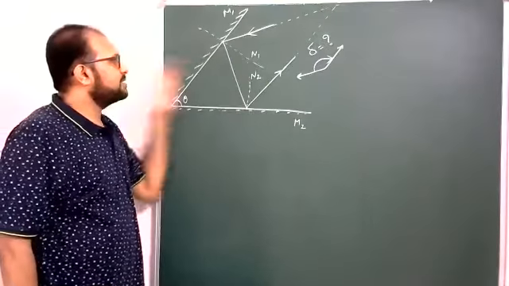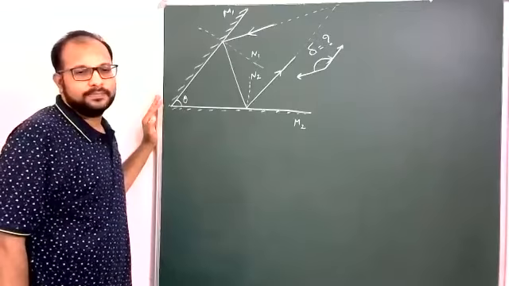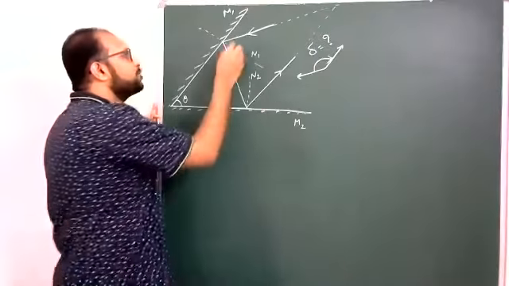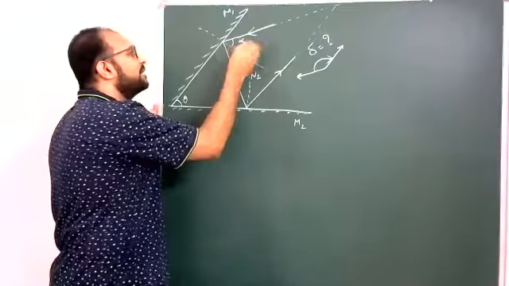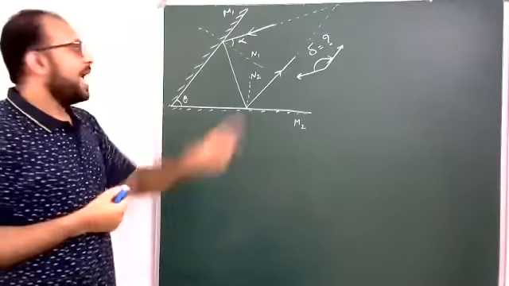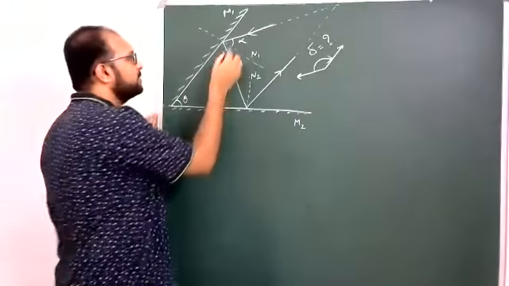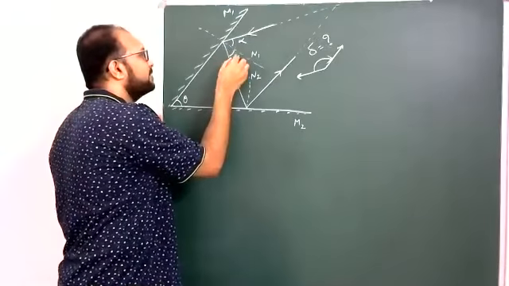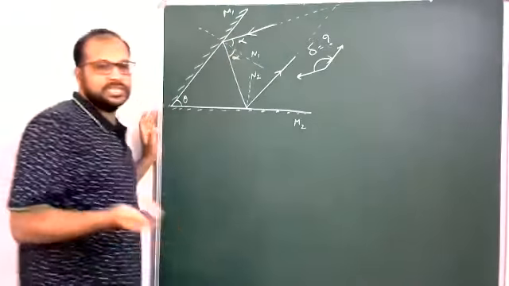This is the first mirror, this is the second mirror. Now I am assuming this angle is alpha, some angle alpha. Angle of incidence equals angle of reflection, that is also alpha. Now I am assuming this angle is beta.